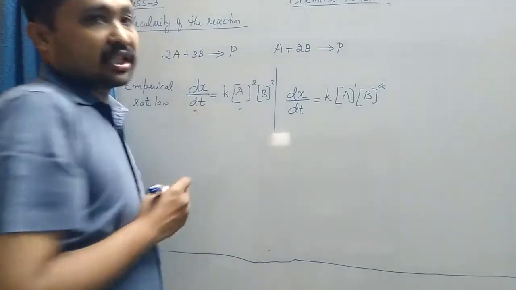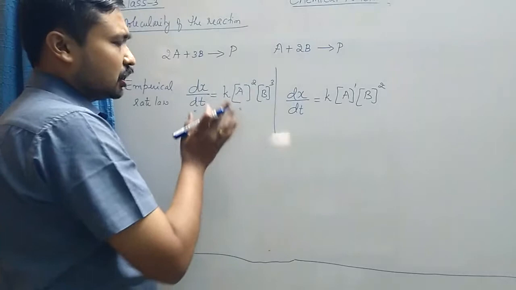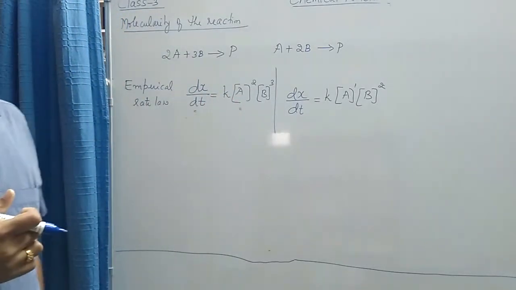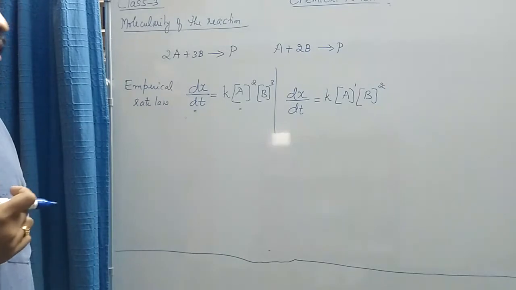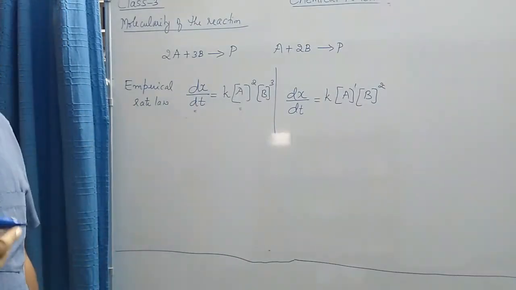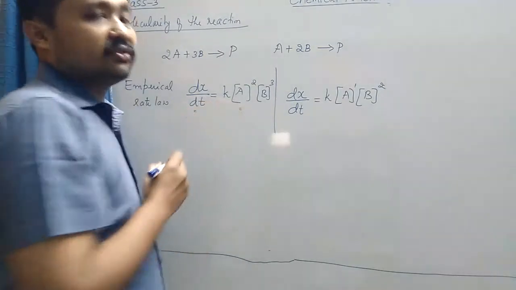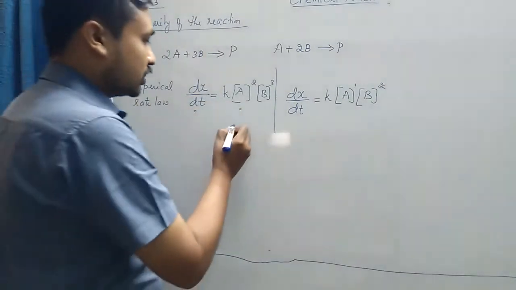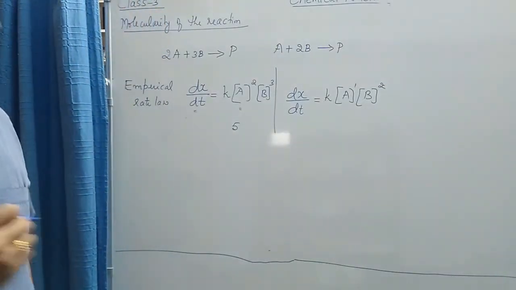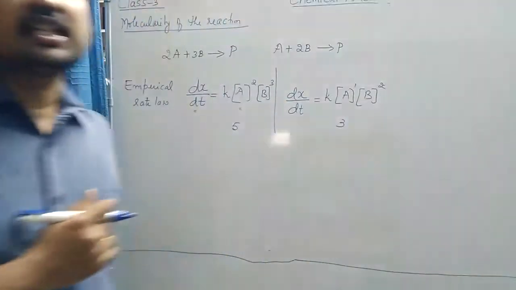Now, if I ask in which reaction the reactants overall have a larger effect on the rate of the reaction? The answer is again the first case, because here altogether 5 concentration terms are involved in the rate equation, whereas here only 3 concentration terms are involved in the rate equation.